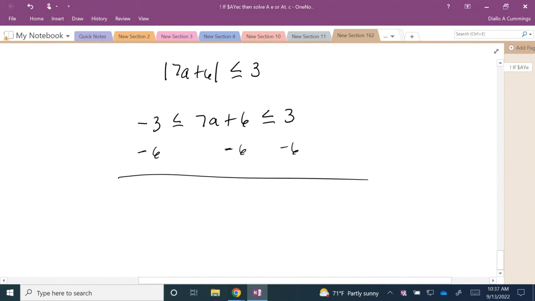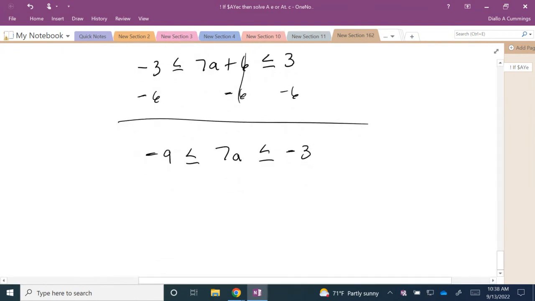Right, so -3 minus 6 is -9. I'm going to bring down my inequality. The 6's are going to cancel, so we're left with 7a. I'm going to bring down my inequality, and 3 minus 6 is -3. Our goal here is to isolate the variable in the middle.